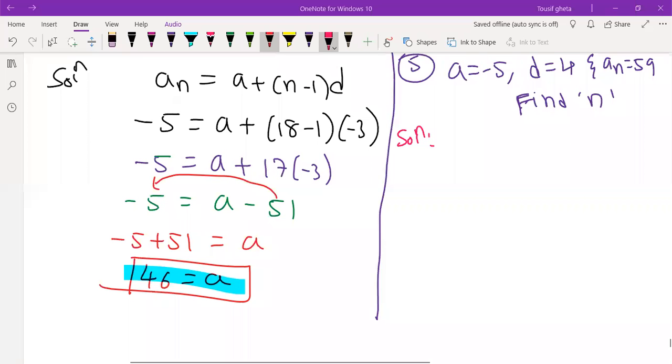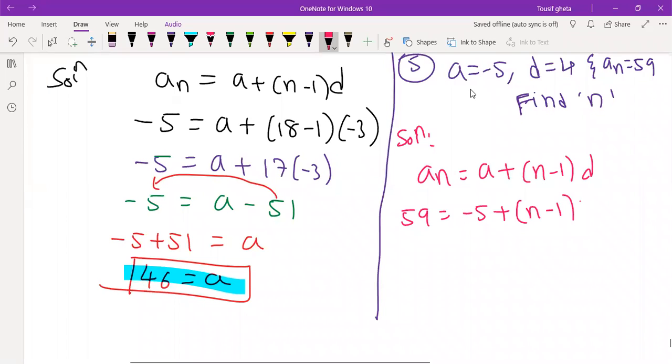I will not see the messages, concentrate here. A plus n minus 1 of d. A is minus 5, n minus 1 d is 4. Minus 9, this I will take here plus 5. 4 into n, 4n minus 4.